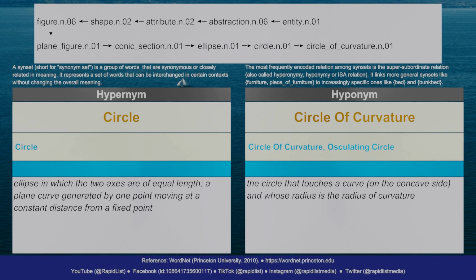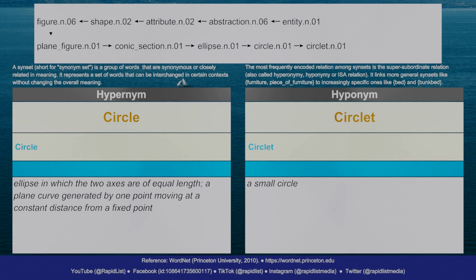Circle of curvature. The circle that touches a curve on the concave side and whose radius is the radius of curvature. Circlet. A small circle.